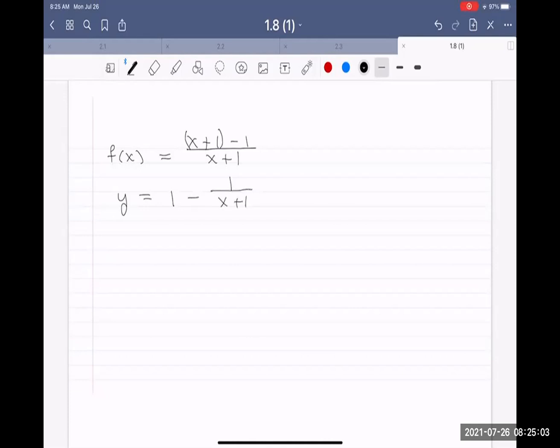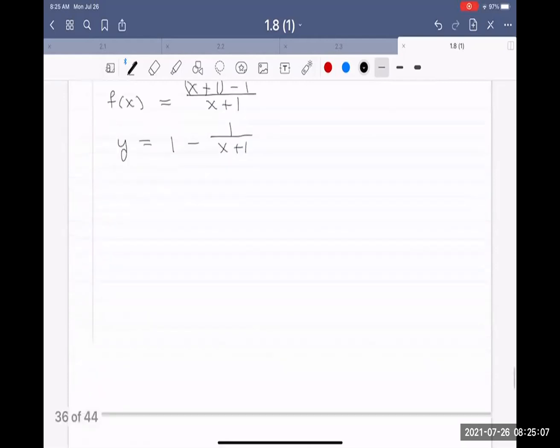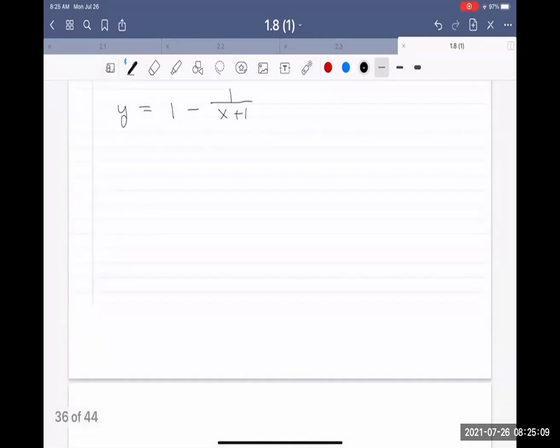Oh, so now I know how to graph this. Let's subtract 1 from both sides, actually. So I have y minus 1 equals negative 1 over x plus 1. So I can now make this into a translation and a reflection of a very nice, simple power function, 1 over x.